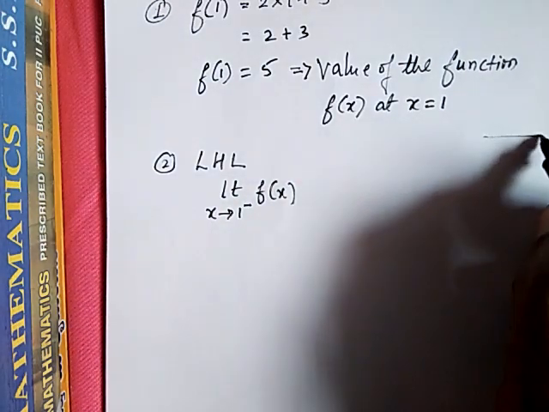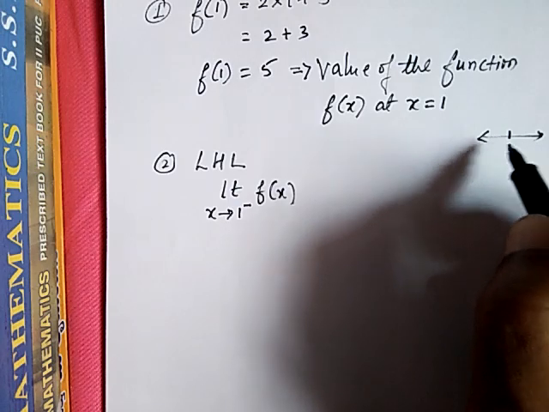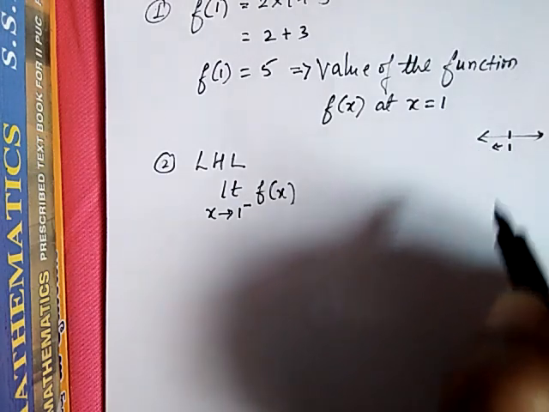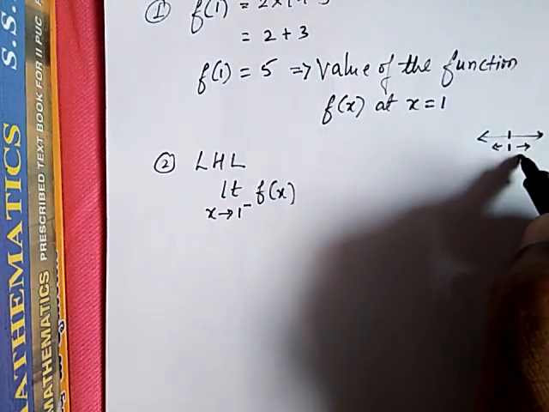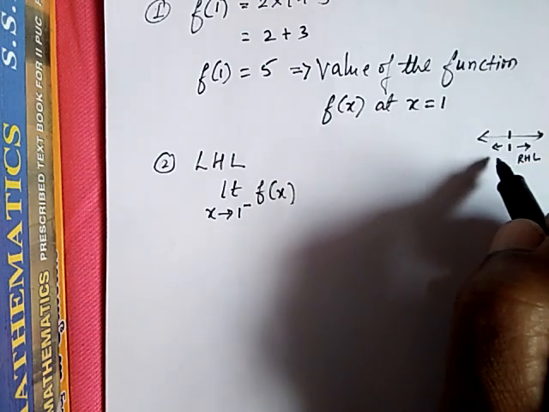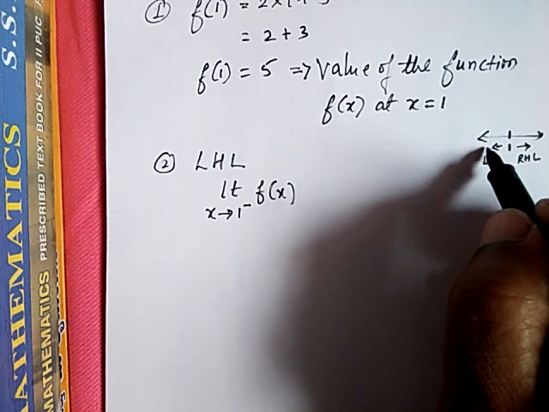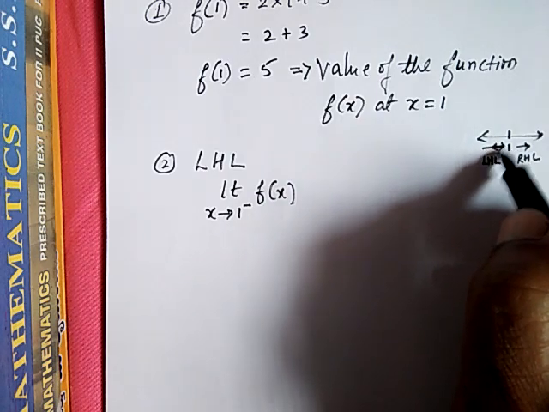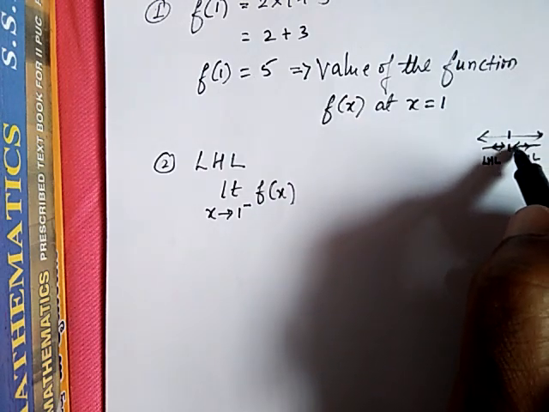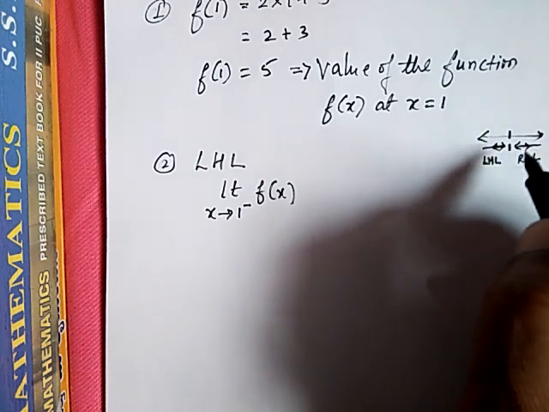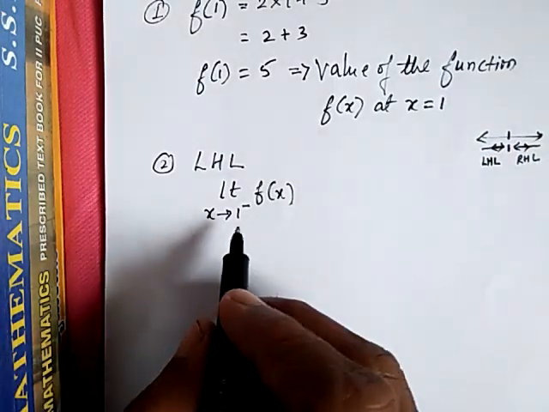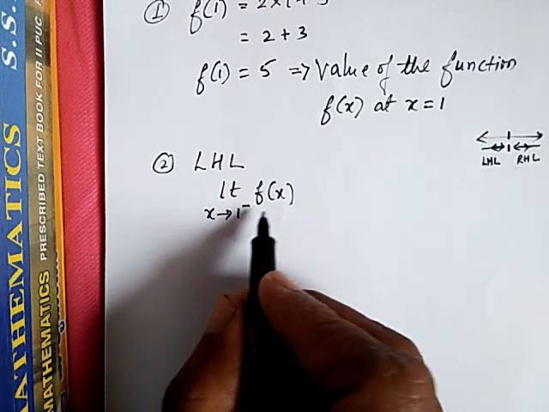Right hand limit means this side, RHL, and this side LHL. Left hand limit means it is approaching from the left hand side towards 1, and right hand limit means it is approaching 1 from the right hand side. So we are finding now limit x tends to 1 minus f of x.